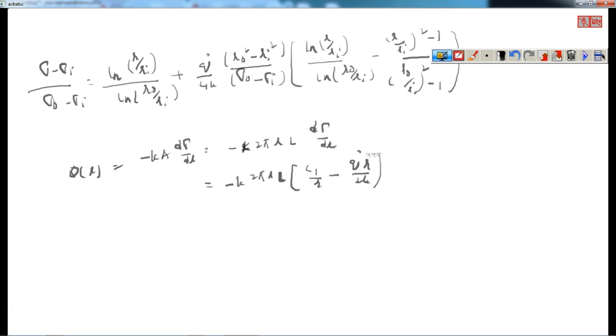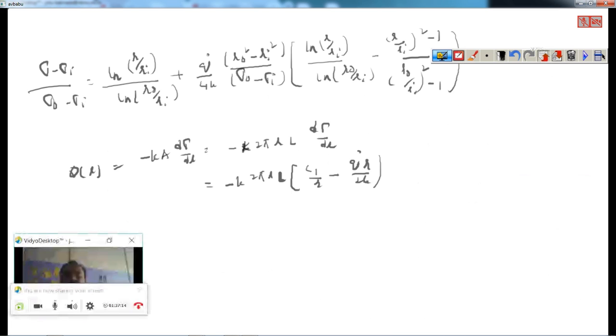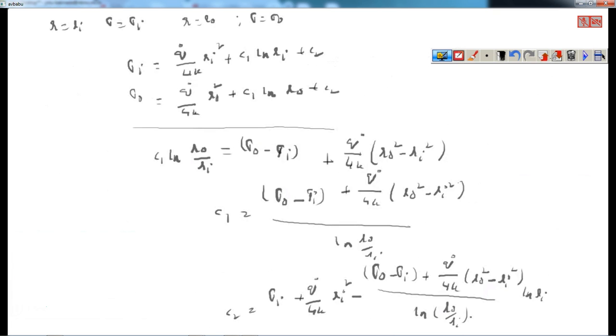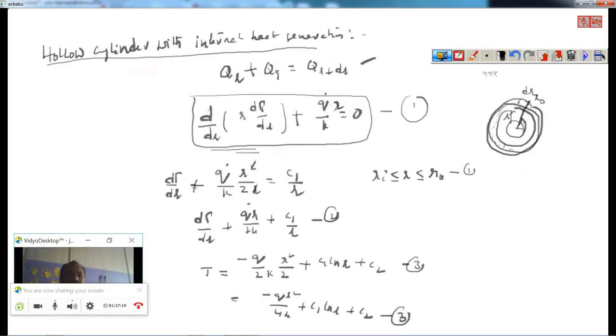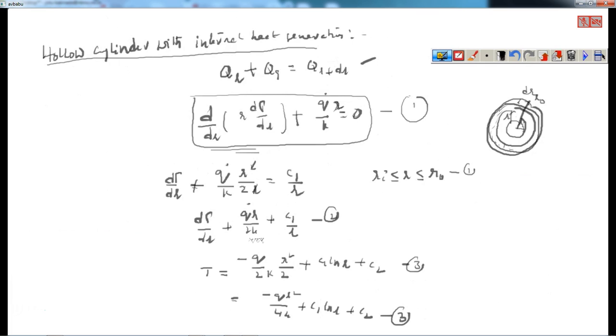How did you get this? Nothing but, if you see here, dt by dr equals minus q dot r by 2K minus C1, right? This one I have substituted here.